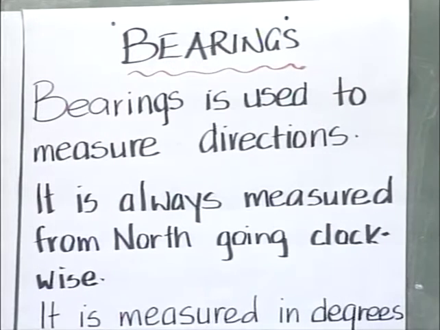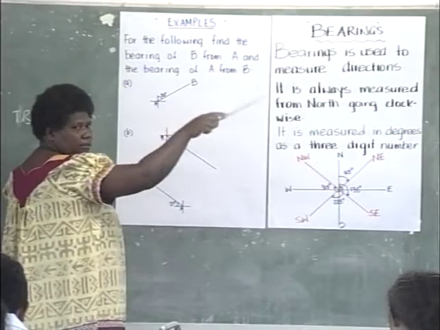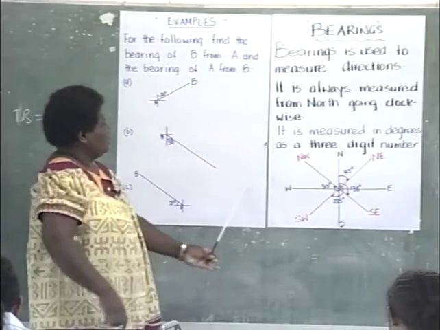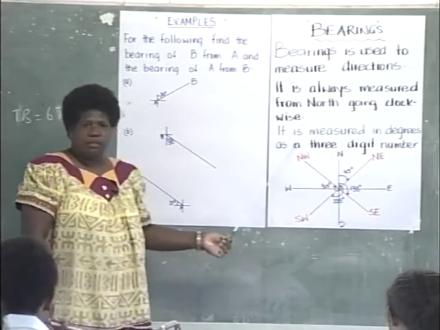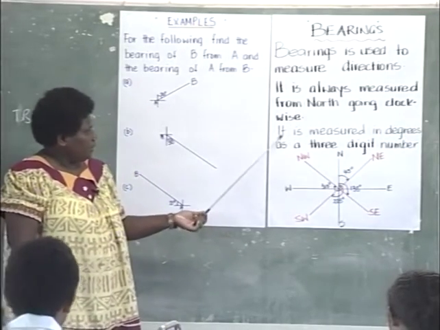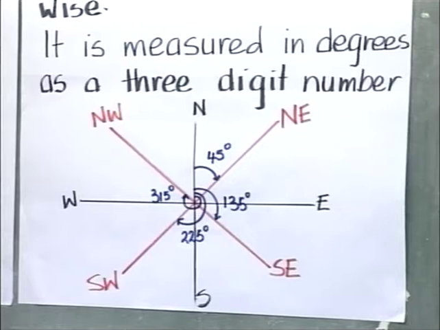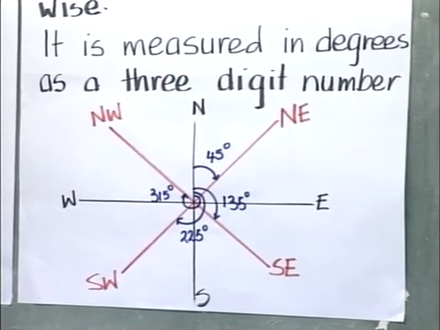It is always measured from north going clockwise. So you start from north and you go clockwise to the right. These are the 3 points that you need to remember. And it is measured in degrees as a 3-digit number.